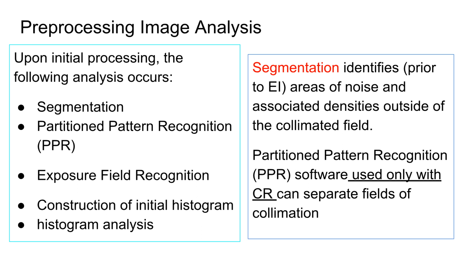PPR is very similar to that, but it's based mostly on the CR unit trying to identify separate areas of collimation. You don't have that problem in DR because you only collimate once and you only do one view at a time. In the next couple of slides, there's a picture of a finger, and it's very common, right? Do you do a separate finger on a separate cassette for every view?